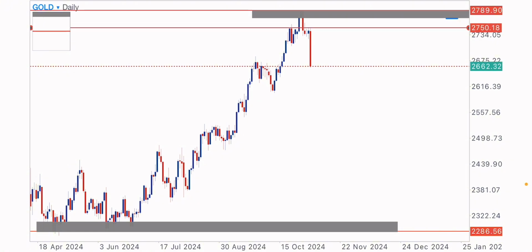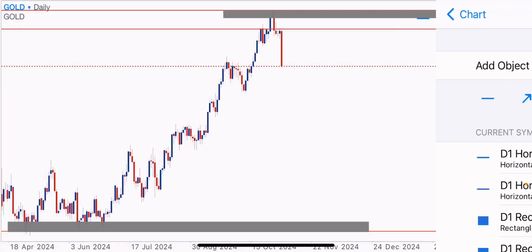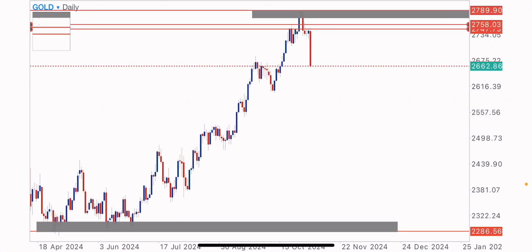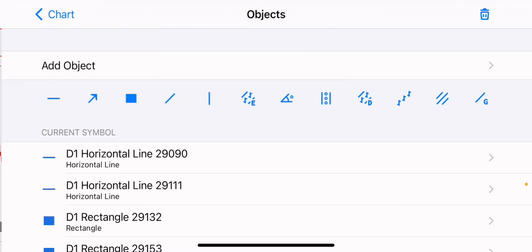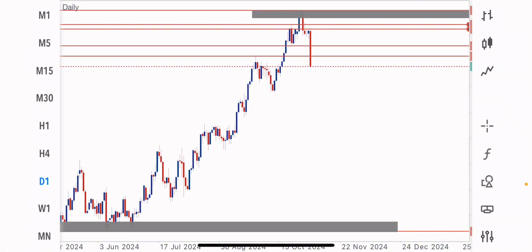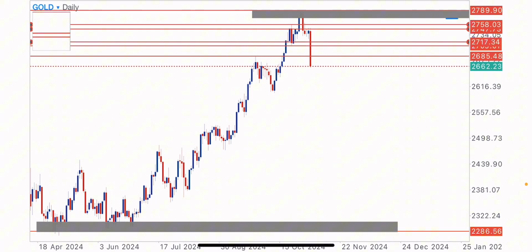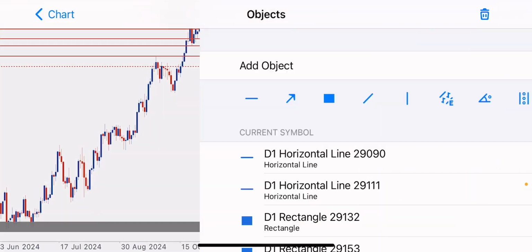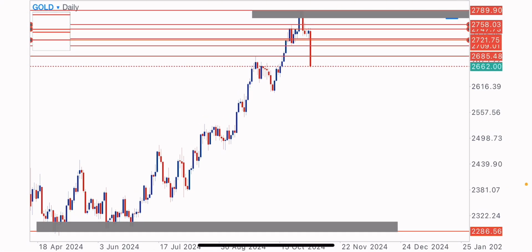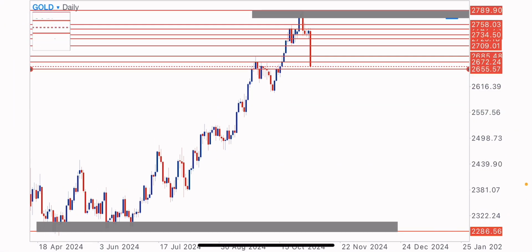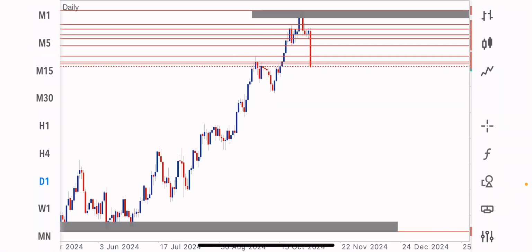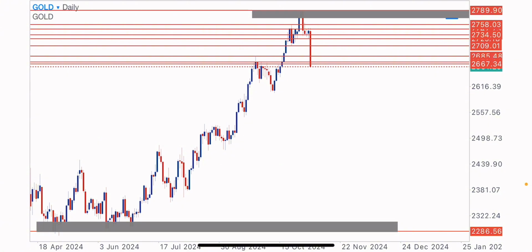Key points: the first one is here, the second one is here, here. I'll explain to you guys just now. Let me firstly put all these zones here, and then I'll explain to you how I managed to put these zones and why I am putting them here.